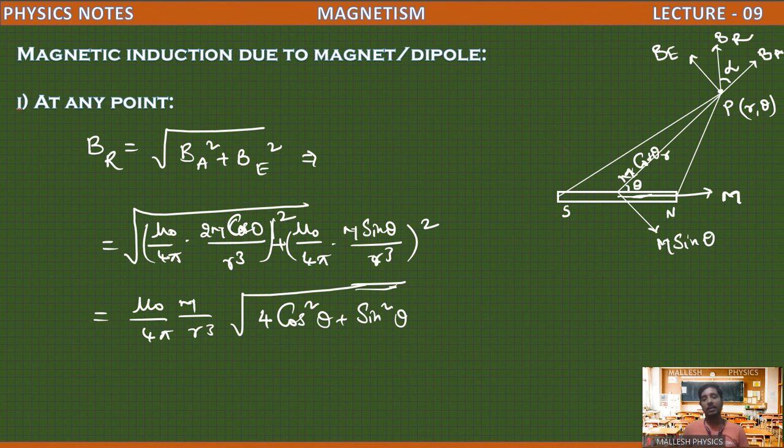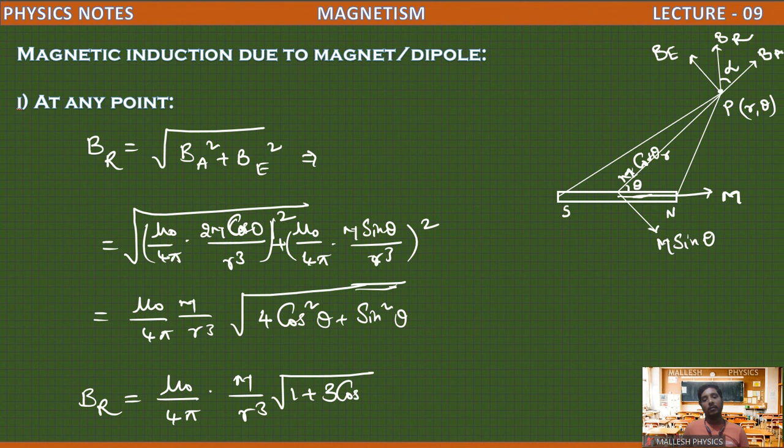Cos square theta plus sin square theta is 1. So the final equation is B equal to mu naught by 4 pi, M by r cube, square root of 1 plus 3 cos square theta. This is the formula we can use to find the magnetic induction due to a bar magnet at any point.